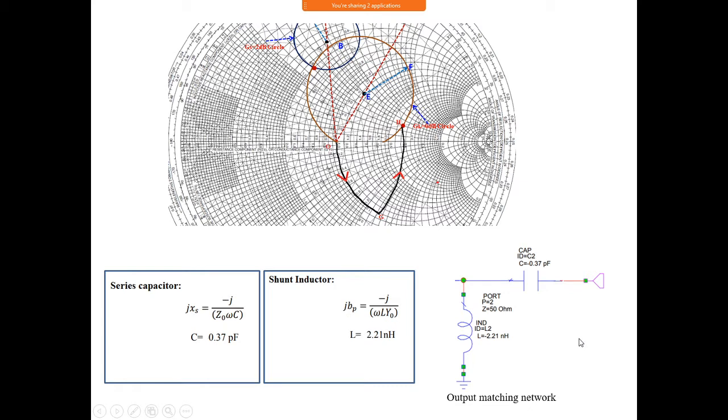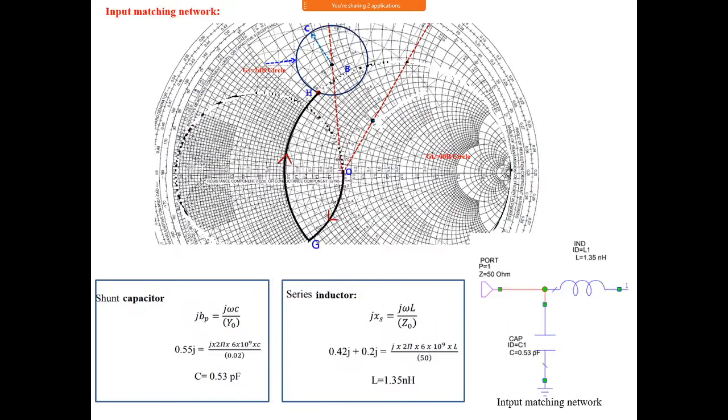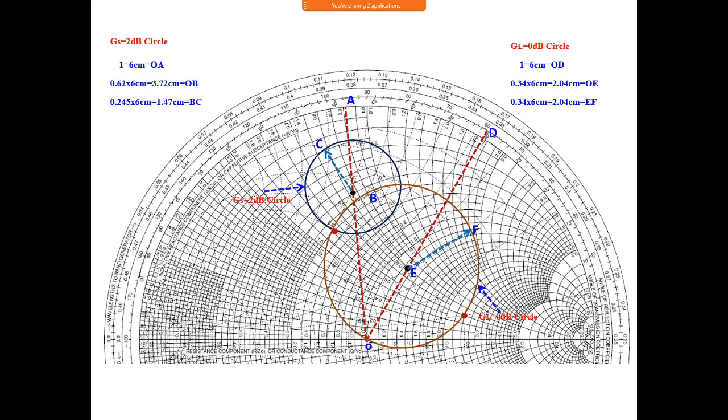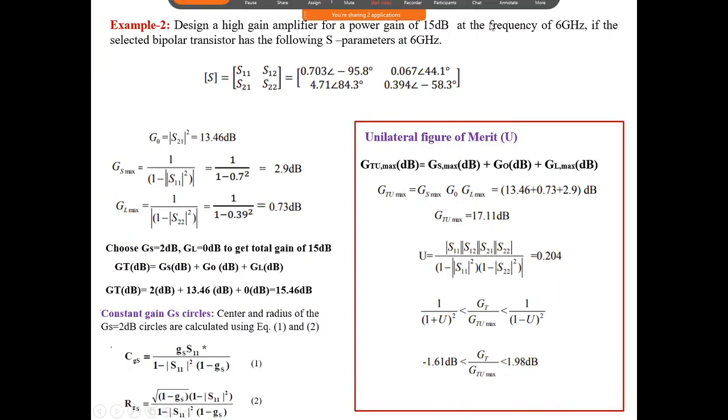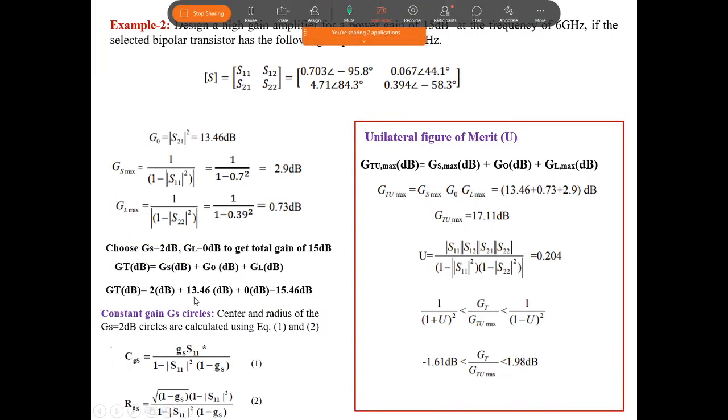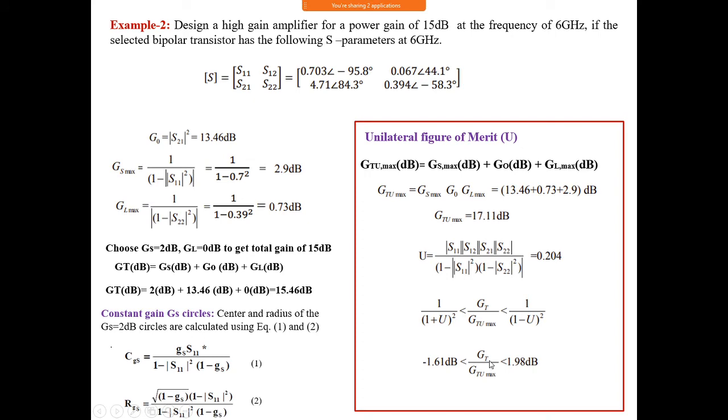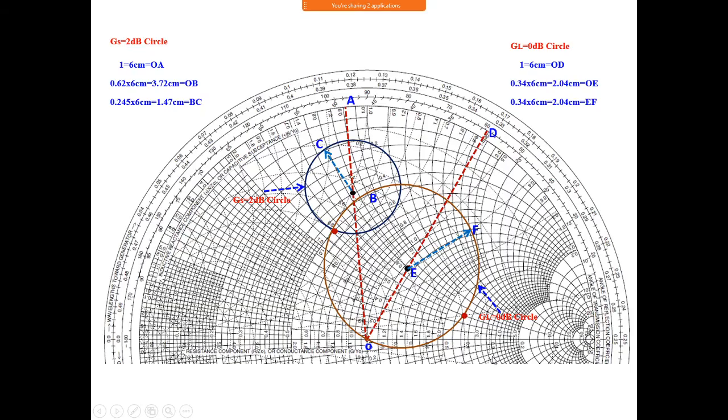So here this is the way of designing the amplifier for a given gain. This is the procedure we have to follow, and finally we have to design constant gain circles based on the gain requirement.